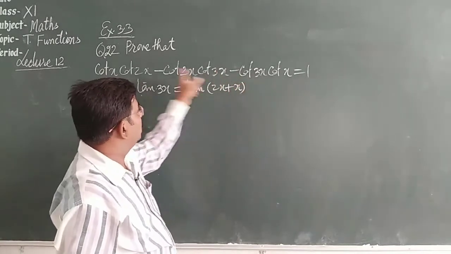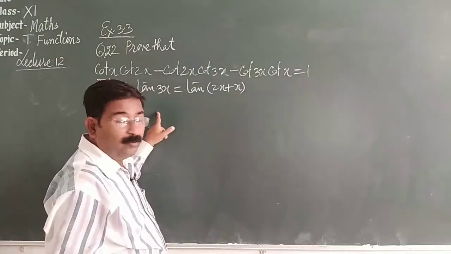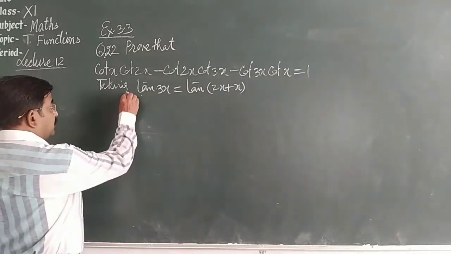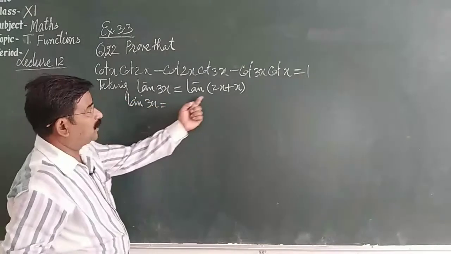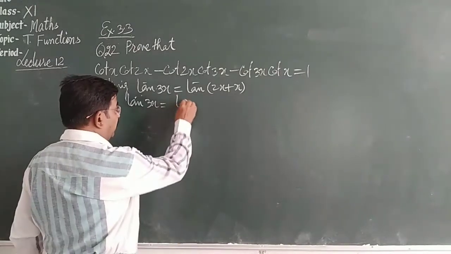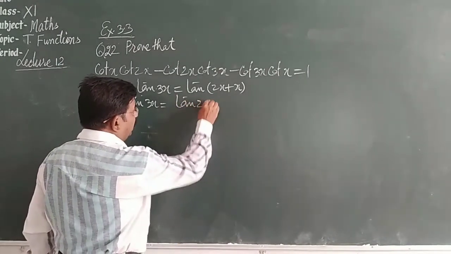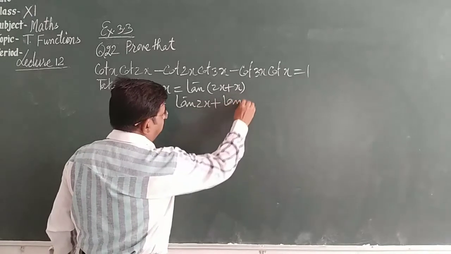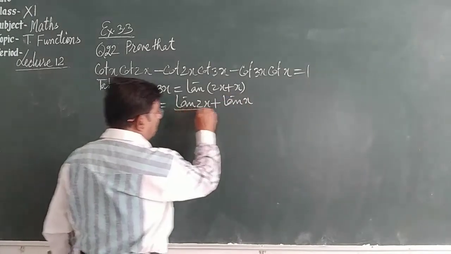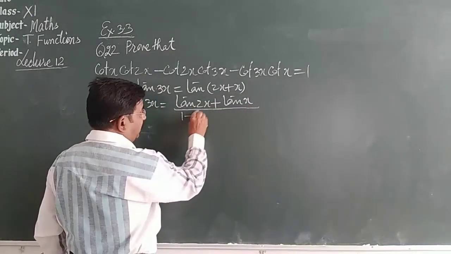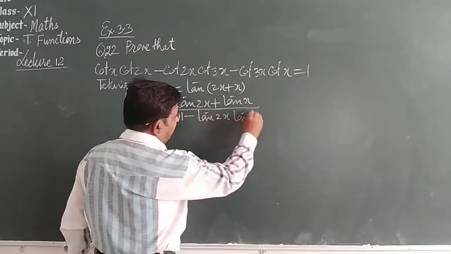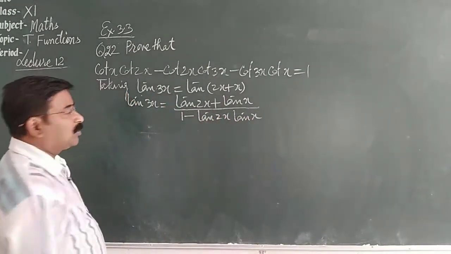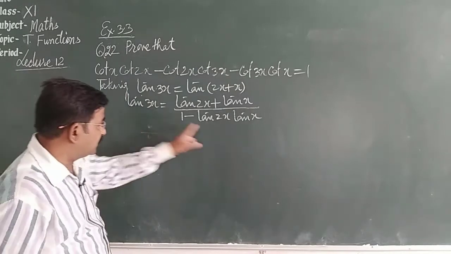Here we have x, 2x and 3x, all three terms are found. Now this is tan 3x is equal to, break this into tan a plus tan b. So we have (tan 2x plus tan x) upon (1 minus tan 2x tan x). Now cross multiply this side.